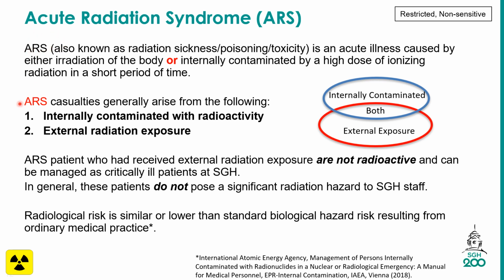Right? So these ARS casualties generally arise from the following categories. They can be either internally contaminated with radioactivity, or they have received an external radiation exposure. Now, what do you mean by external radiation exposure? Well, as you can see in this red Venn diagram, this portion here is purely external exposure.